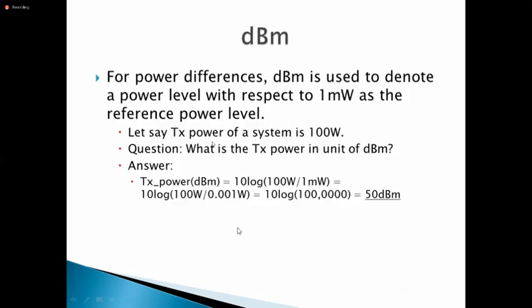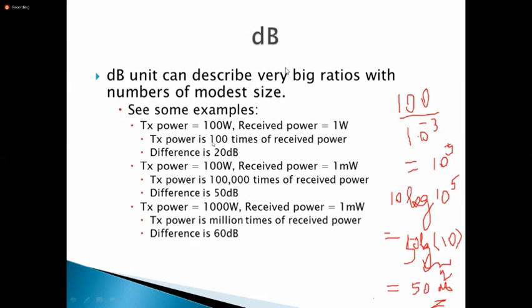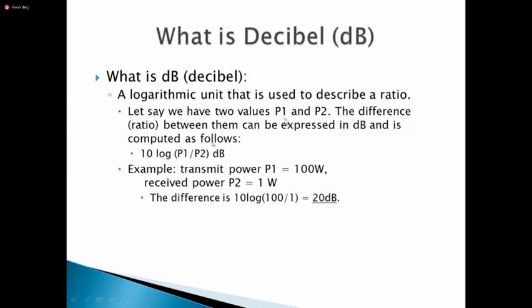Now again, this is also the same. dBm means for power differences. dBm is used to denote the power level with respect to 1 milliwatt. When we talk about dB, taking the ratio P1 divided by P2, P1 and P2 can be any values, right? P1 can be any value, P2 can also be any value.